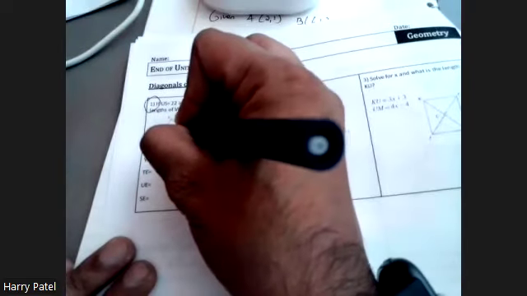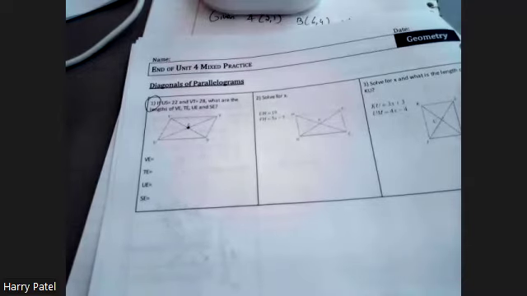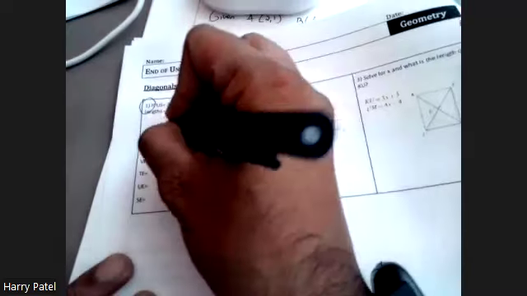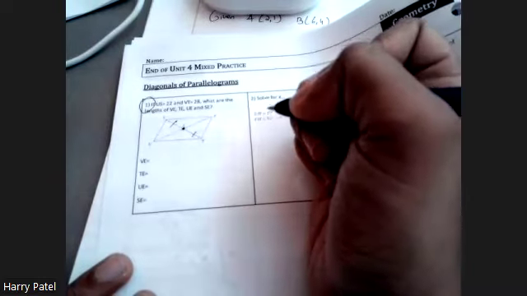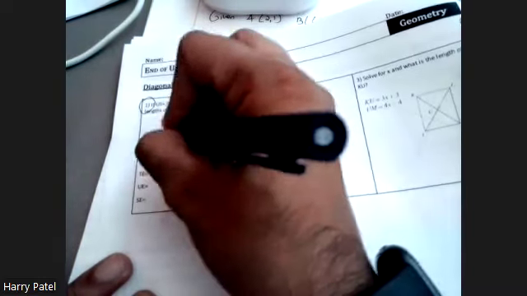Cool. Second here. We also know that the diagonals of a parallelogram bisect each other. So the point where those two diagonals meet, they cut each other in half. That means this is congruent to this, and this line is congruent to this line.